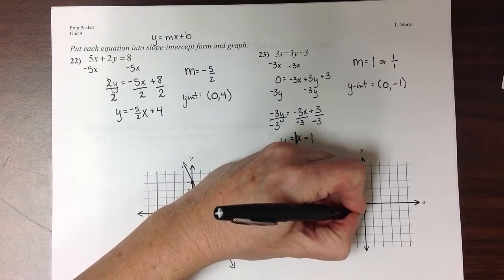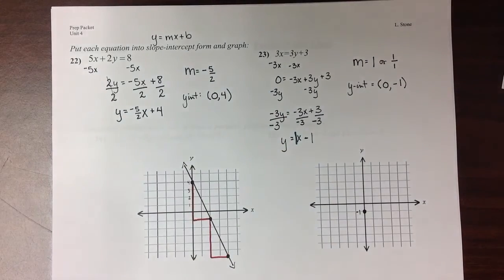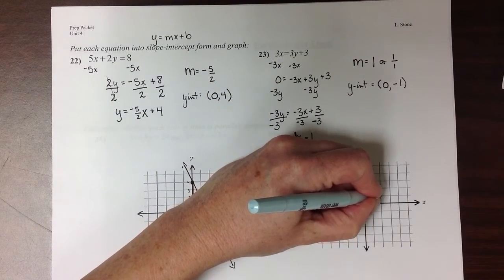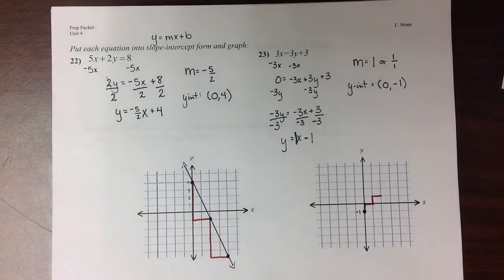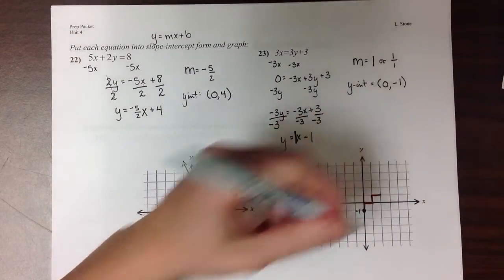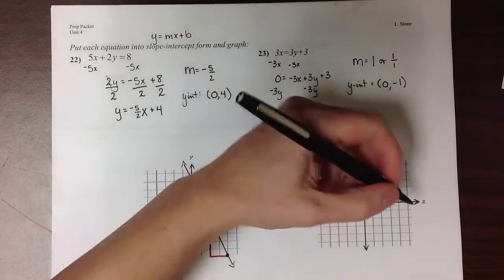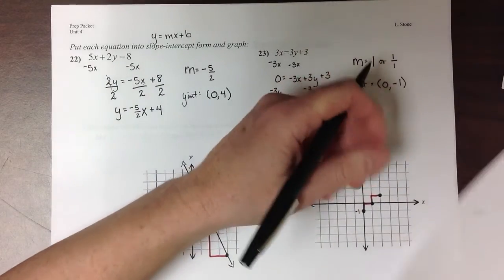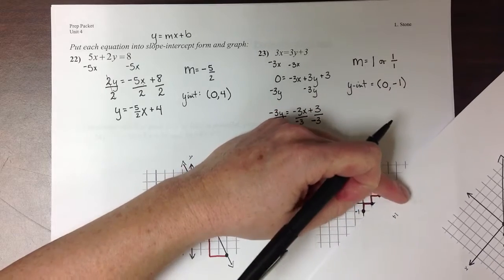Plotting that on my graph, there's the point 0, negative 1, and my slope says rise 1, run 1, rise 1, run 1. Here are my other 2 points. And last but not least, the graph.